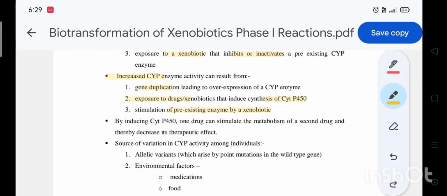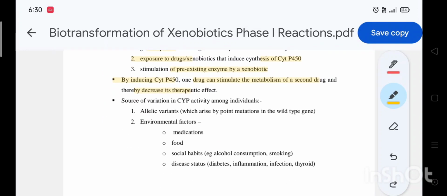By inducing cytochrome P450, one drug can stimulate the metabolism of a second drug and thereby decrease its therapeutic effect. Sources of variation of cytochrome P450 activity among individuals include allelic variants and environmental factors such as medication, food, social habits, diseases, diabetes, inflammation, infection, thyroid status, etc.